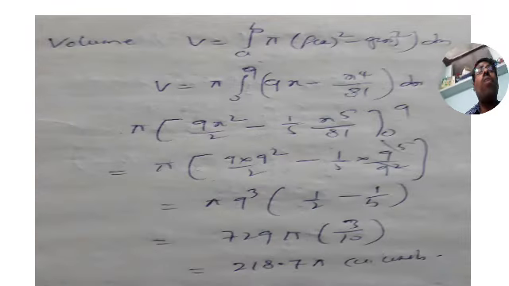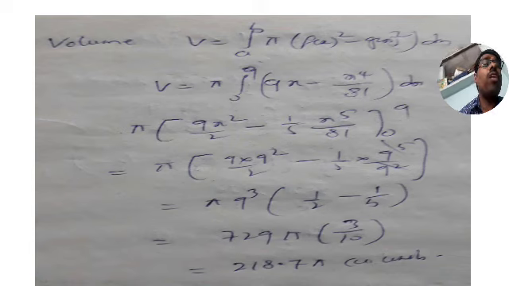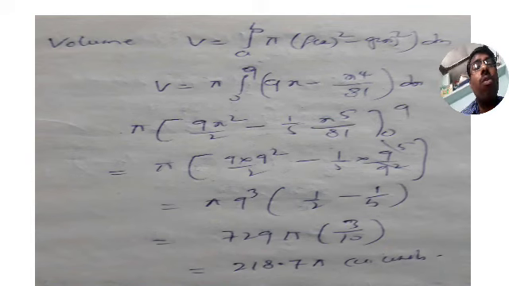Then substitute in the formula integration a to b pi into upper curve square minus lower curve square dx. So pi into integration, limits 0 to 9, root 9x whole square, that is 9x, minus x square by 9 whole square, x power of 4 by 81. Do the integration: x power of 1 integrates to x square by 2, and x power of 4 integrates to x power of 5 by 5.